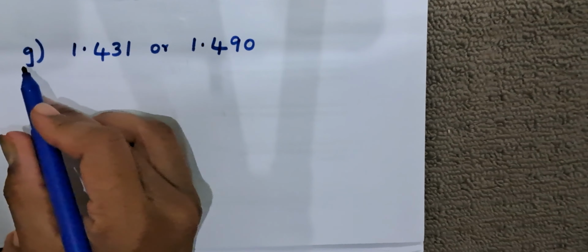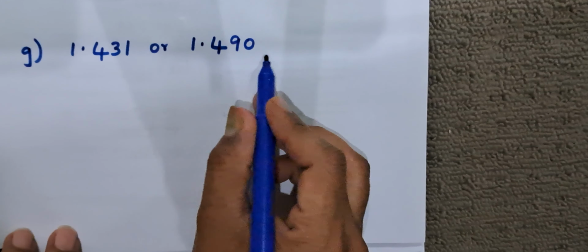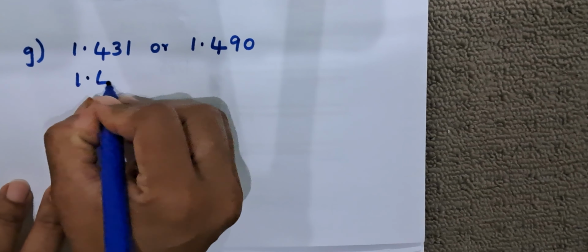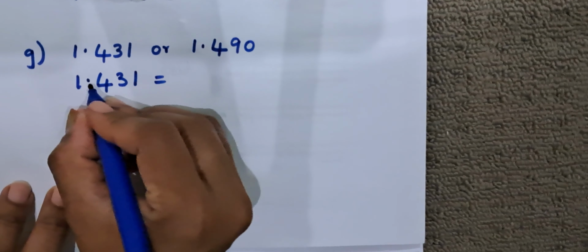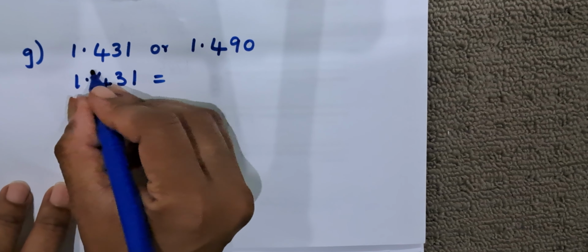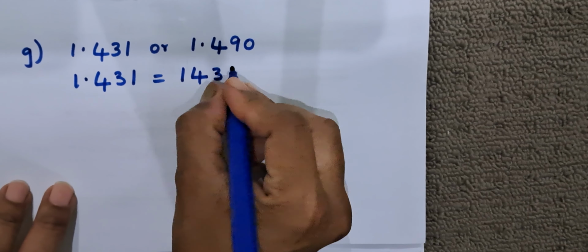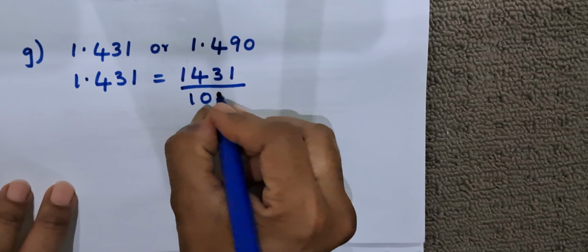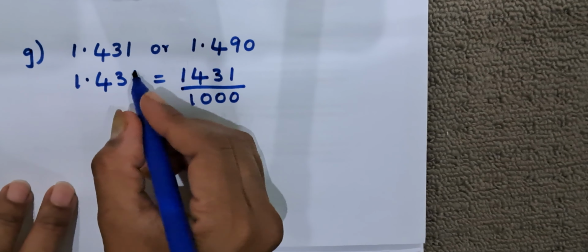Now let us see the G1, that is 1.431 or 1.490. We will convert them into fractions. Now 1.431, we will shift the decimal point 3 times to the right hand side. It becomes 1431 divided by 1000, because we have shifted the decimal point to the right 3 times.